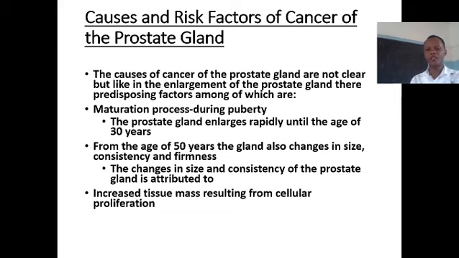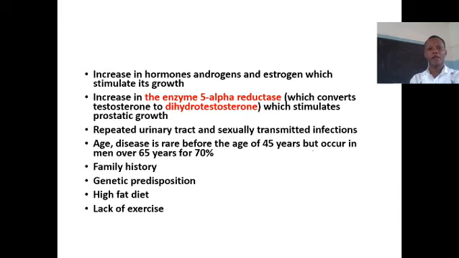The changes in size and consistency of the prostate gland are attributed to, first, increased tissue mass resulting from cellular proliferation, and increase in hormones androgen and estrogen, which stimulate its growth.